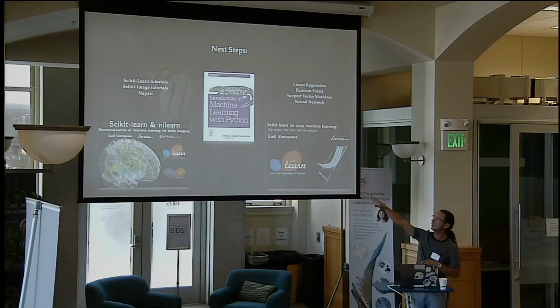Particularly, I suggest the tutorials from Gael's group, from the book from Andreas, and to just read the documentation as well: scikit-learn, scikit-image, Napari we learned about today a lot. And you start from your simple methods, right? A linear regression, and you go down to more complex methods like a random forest, a support vector machine, a neural network.